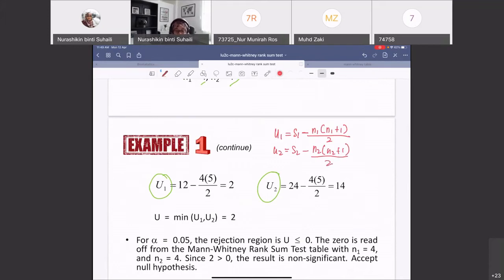The same thing for U2: U2 is S2 minus N2 times N2 plus 1, divided by 2. So you just substitute the values of S1 and S2, N1 and N2 accordingly. So you get U1 as 2 and U2 as 14.